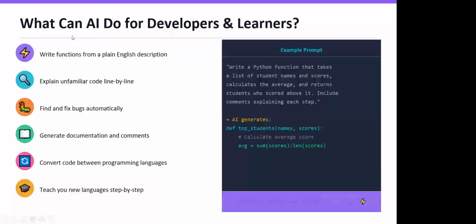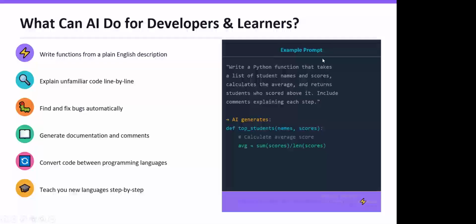The important question is what can AI do for developers and learners? This one is going to be very helpful. Some AI tools can write a function from a plain English description.